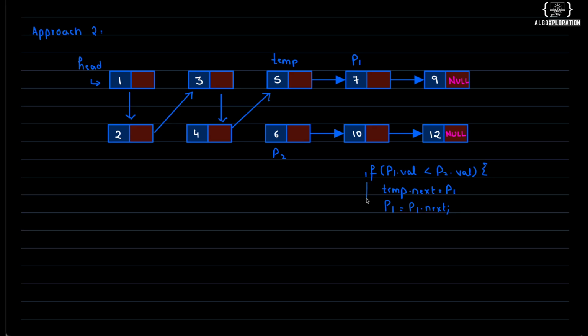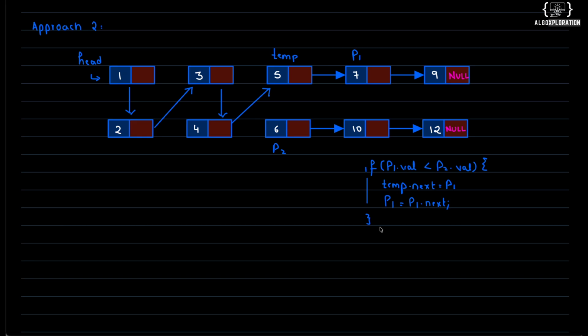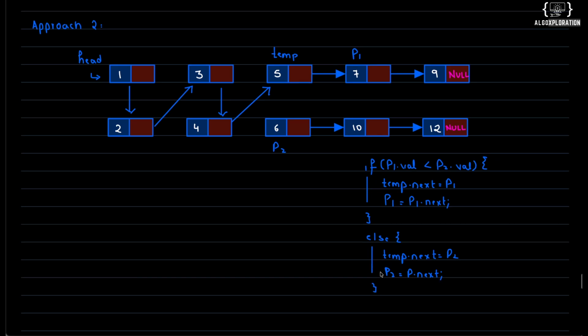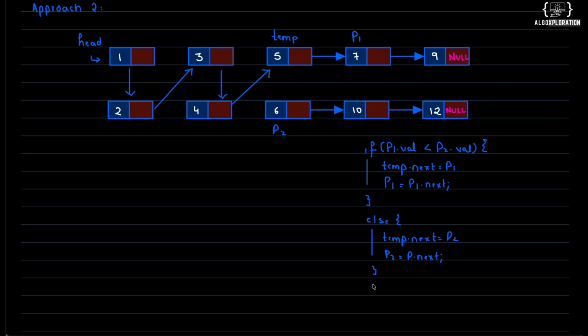Now if this is not the case, that means the value in p1 is not the minimum, so the value in p2 is minimum. So temp.next equals p2, and I need to shift p2 to p2.next. And over here, if you take a look, in both cases I am shifting temp as well. So I will have temp equals temp.next.